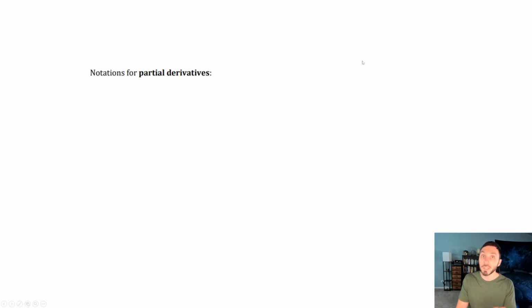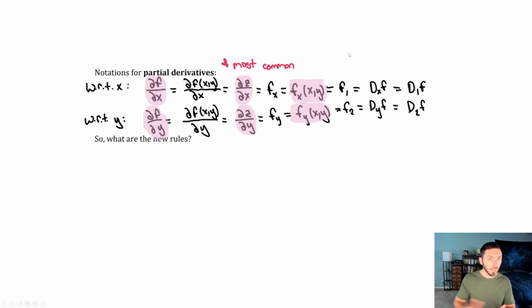So these are all just notations, similar to how Leibniz and Lagrange and Fluxion notation were all a thing for Calc 1. All right, so I've highlighted the most common ones. So if we were to differentiate with respect to x, we would now use this new d. We just curl it.